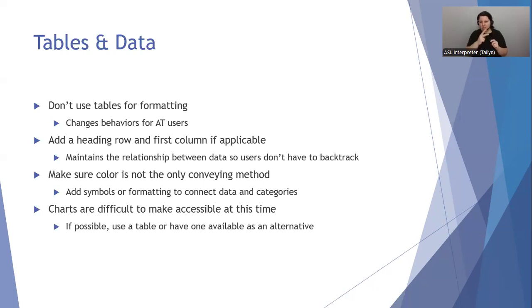I go into more detail on that in another webinar. It's called Accessible Graphic Design. Again, we have a couple recordings of that available, but if you have questions, please reach out. But as I said, this is where you have to start considering an alternative method that's more accessible, and providing that either in the same document or elsewhere.